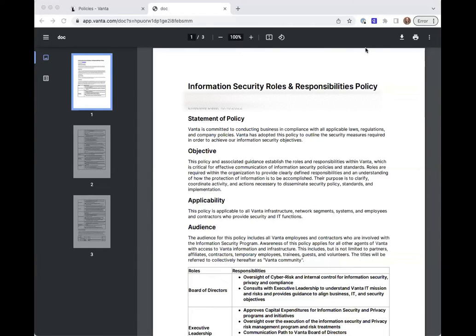Now, oftentimes I've seen in SOC 2 where people write control language that says, hey, roles and responsibilities for information security are defined in the job description. However, in practice, I commonly experience that people don't really assign roles and responsibilities for information security in a job description, unless it's specifically a security role.